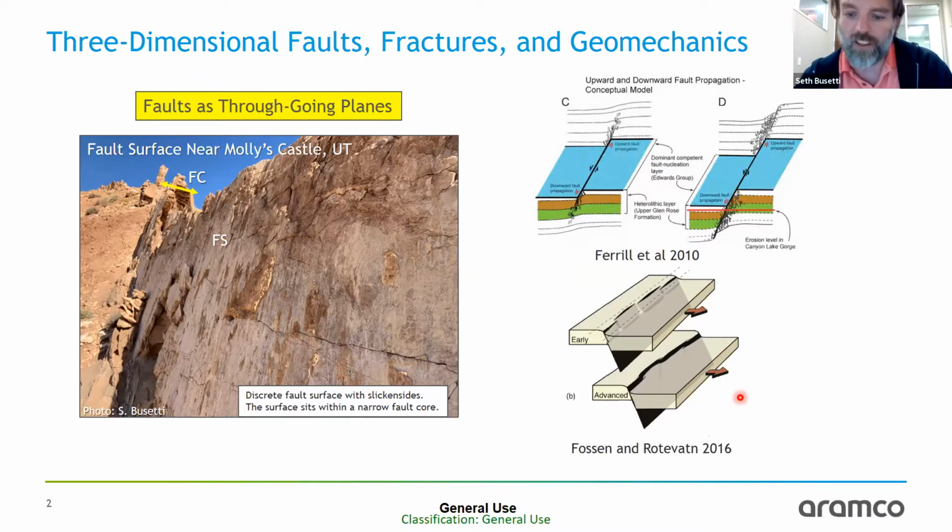You can think of this as early or advanced, or even as stratified, where a fault in one unit or time period might be continuous and through-going, but in another unit or time period it might actually be segmented. So in three-dimensional space, the fault might be both segmented and continuous. And so this lays out part of the discussion of getting the geometry of the fault correct to understand its geomechanical implications.